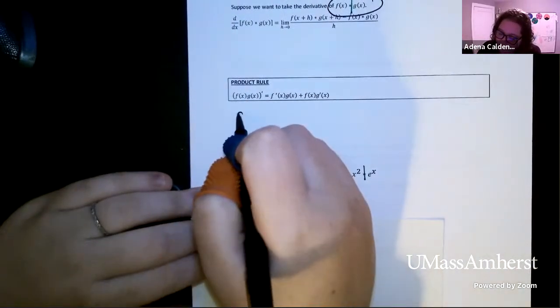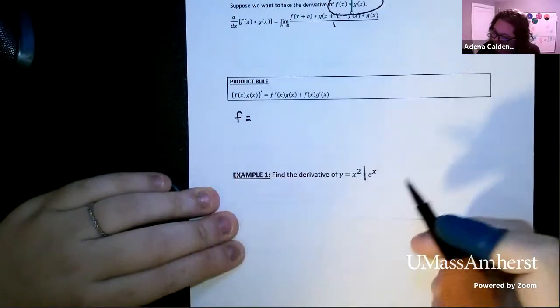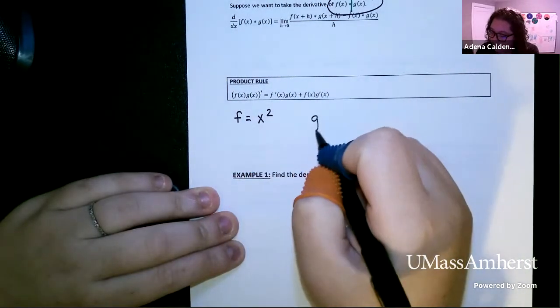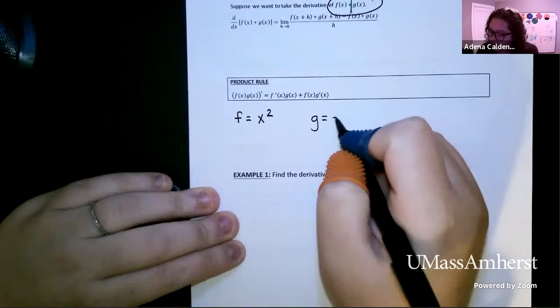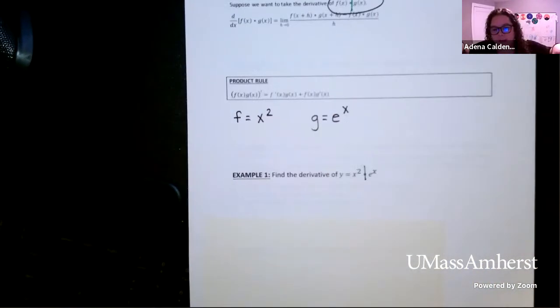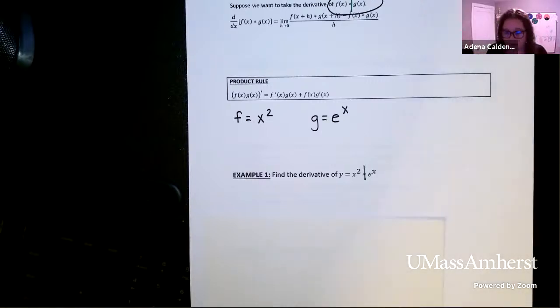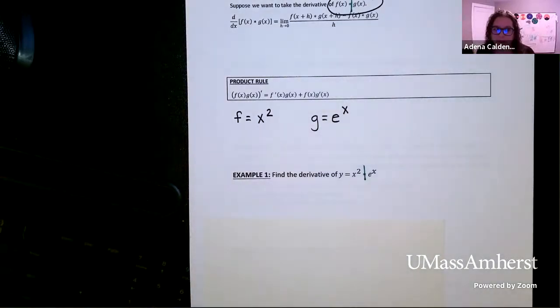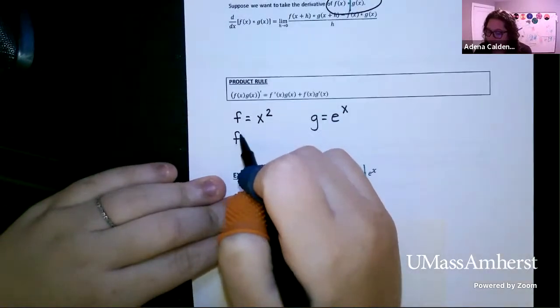So here, my f is x squared and my g is e to the x. Now by splitting these up into two different functions, into their original parts, the goal here is hopefully when I take the derivative that I know how to take the derivative of each of these pieces.